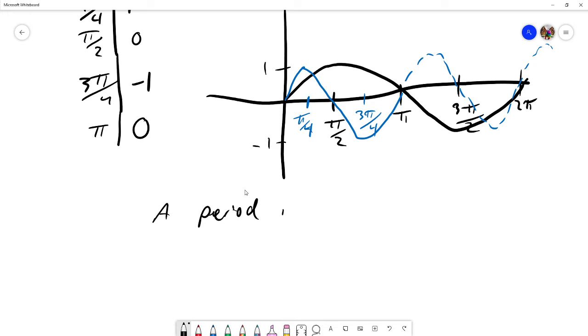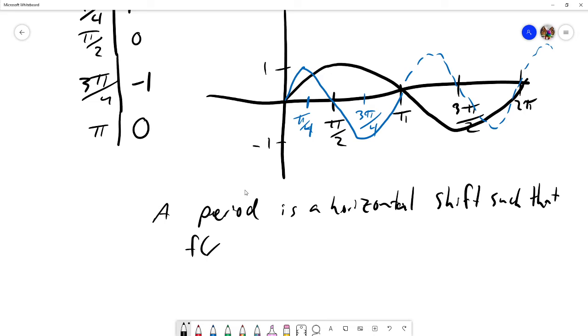In fact, a horizontal shift is a horizontal shift such that for your function f of x, if you were to plug in a p-value, so for a horizontal shift value, we're going to call p, f of the quantity x plus p would just give out f of x. So in other words, when you shift by a quantity of p to the left or right, you just get the original graph again.